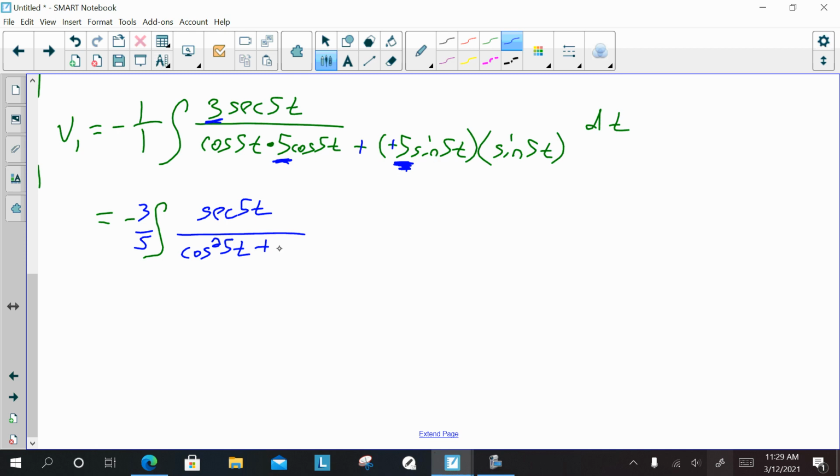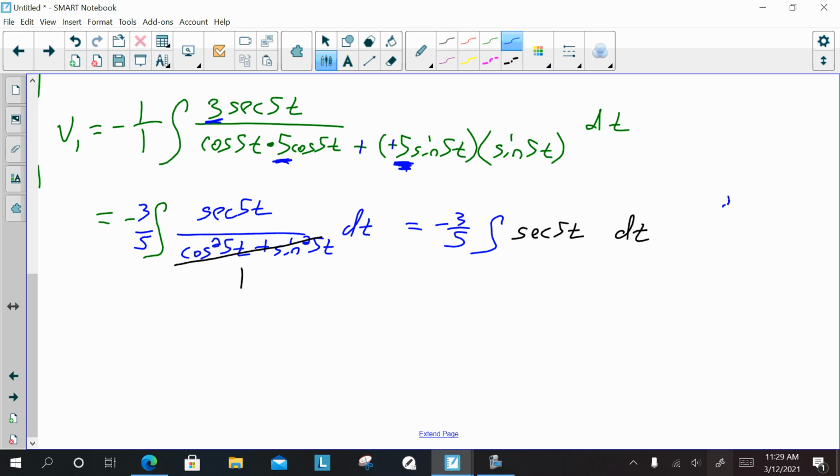We're left with sine times sine, so sine squared. So negative 3/5 out front. Recall that sine squared plus cosine squared, as long as the angles match, is 1. So that denominator reduces to 1. So we're just integrating secant 5t dt.